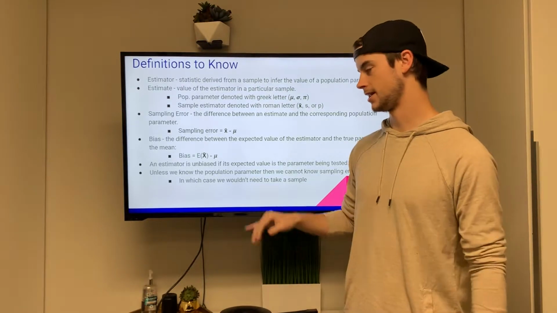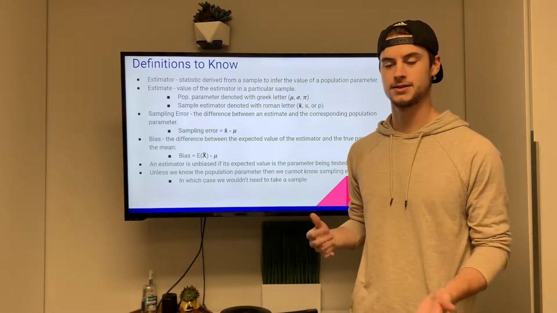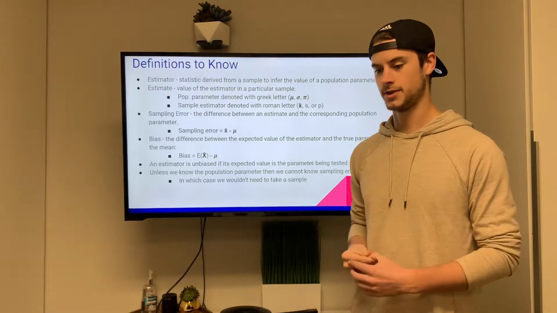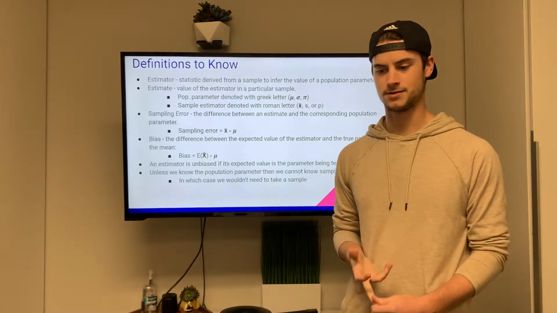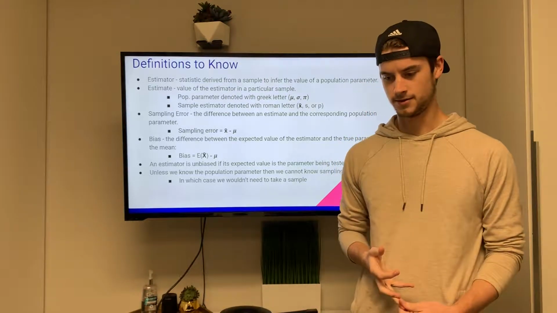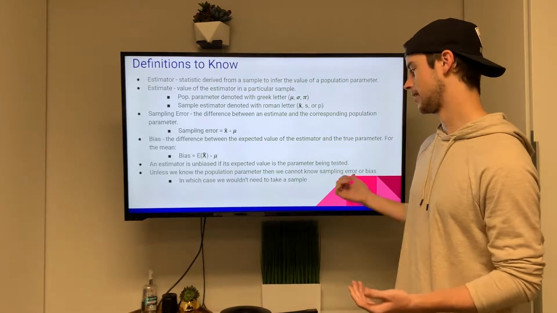It's just one of those things. A lot of times the expected value of the mean is an unbiased estimator, so we can use that as our unbiased estimator. I think standard deviation is one also. And again, unless we know the population parameter, we can't know the sampling error or bias.